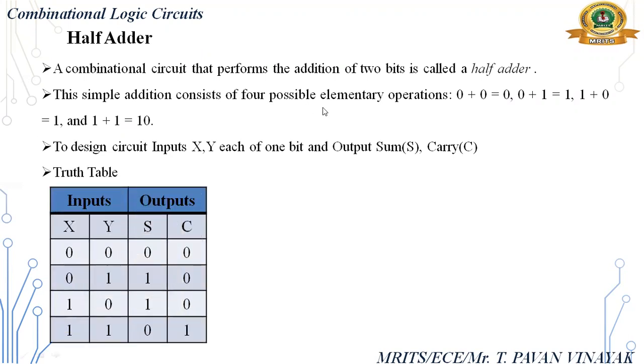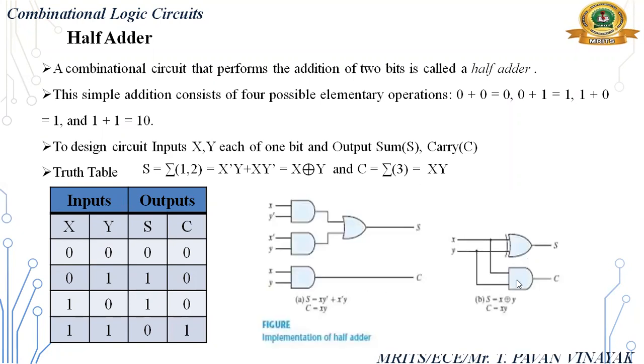This is the truth table. 0 0 means sum is 0, carry is 0. 0 1, sum is 1, carry is 0. 1 0, sum is 1, carry is 0. 1 1 means sum is 0, carry is 1. So we get equations like this: X XOR Y, and XY. So this is the final circuit. Okay, we consider the second circuit as the main circuit.